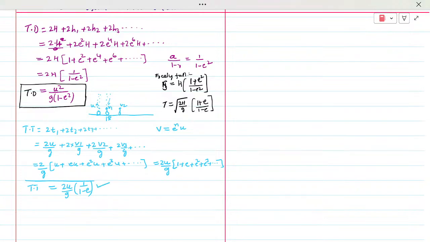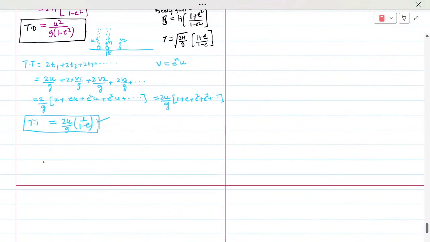Now the average speed you can find out from these two. Therefore average speed is equal to total distance, u square by g into 1 minus e square, divided by total time, 2u by g into 1 minus e.